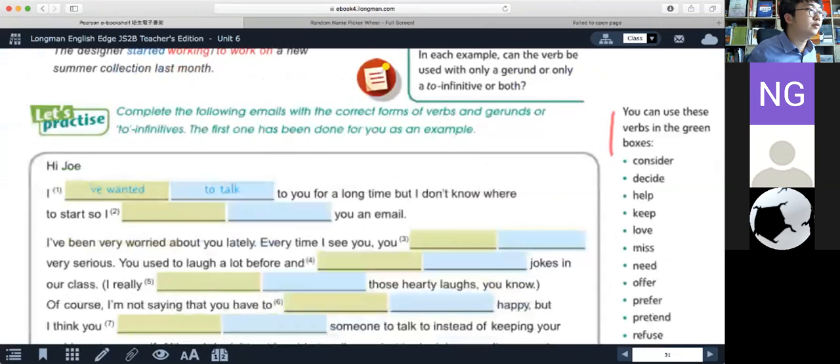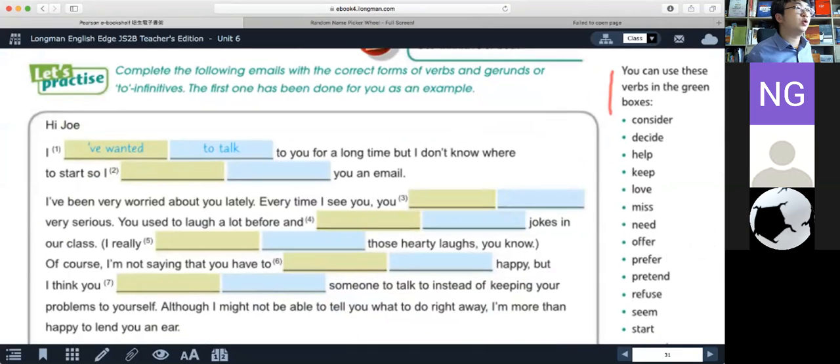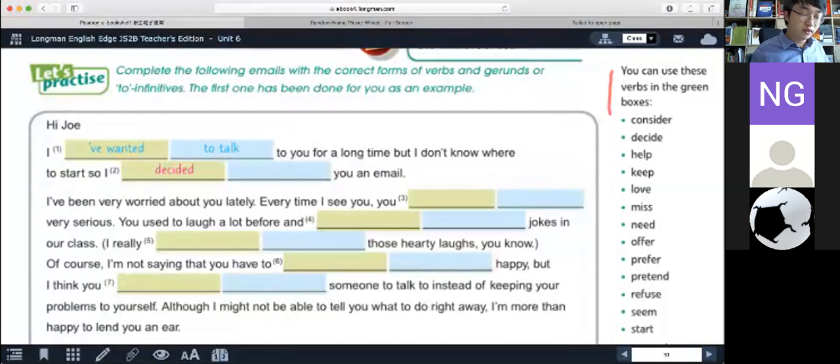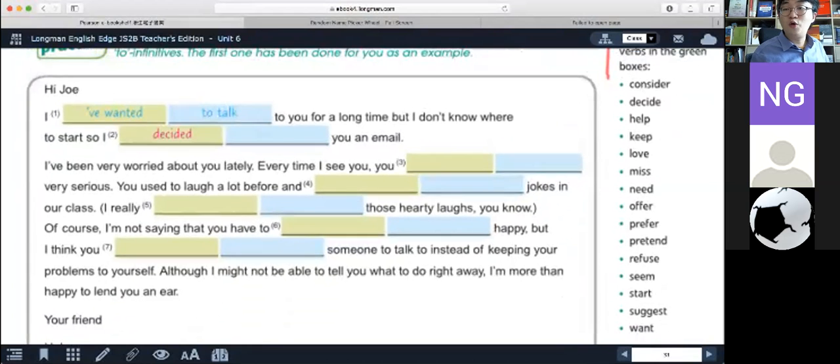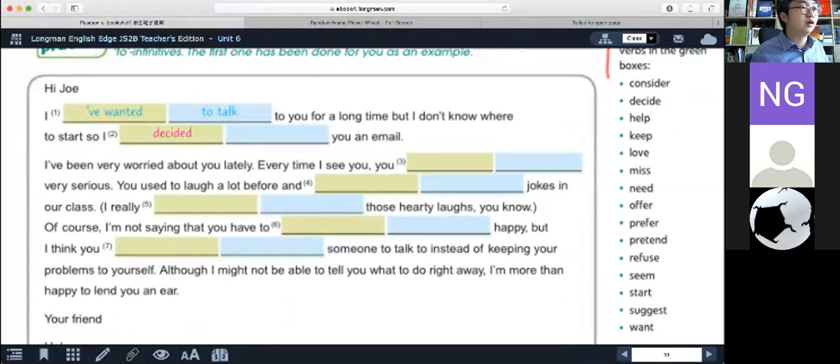Look at here. So in this exercise we have to complete this email with the correct forms of verbs, gerunds or to infinitives. You have to decide the first part and the second part. Okay. So for the first email, I will give you some hints. I'm going to show you the first word here.